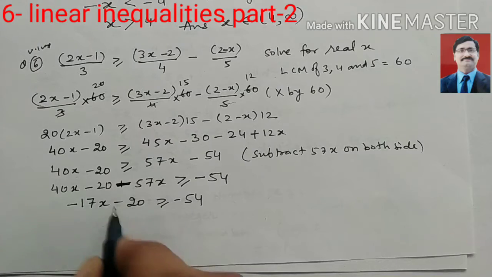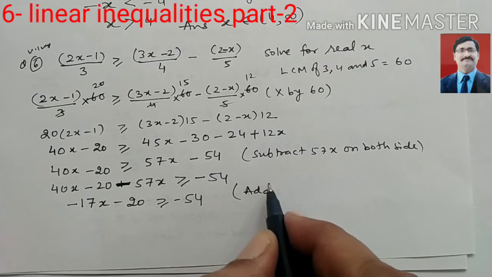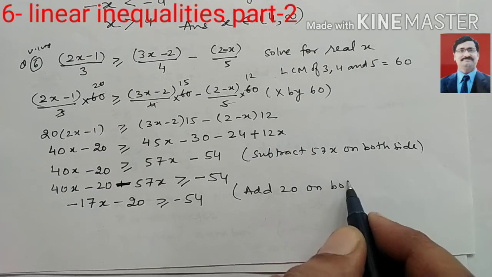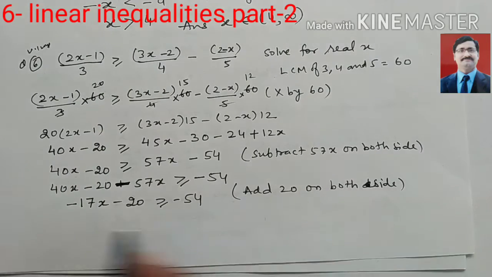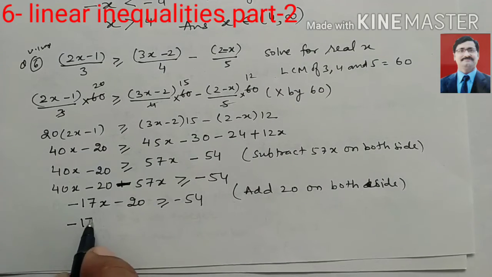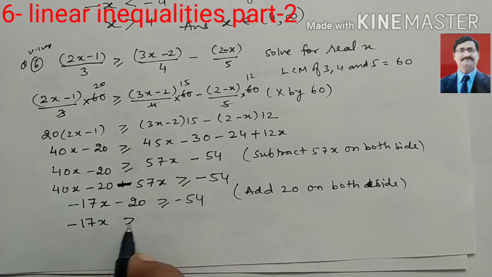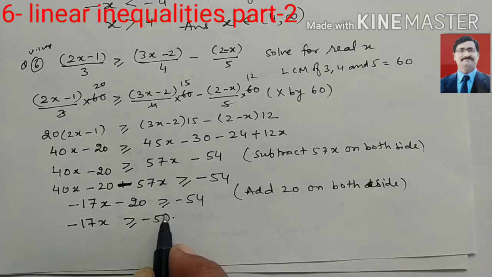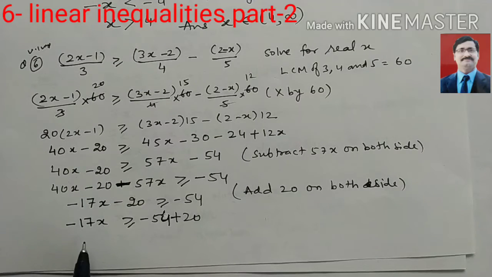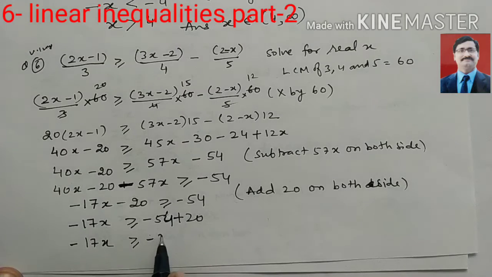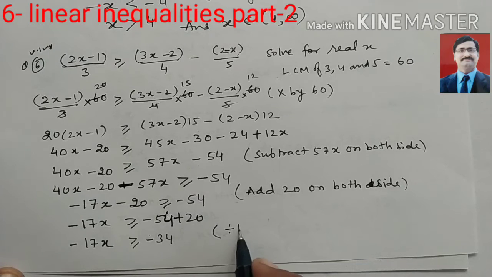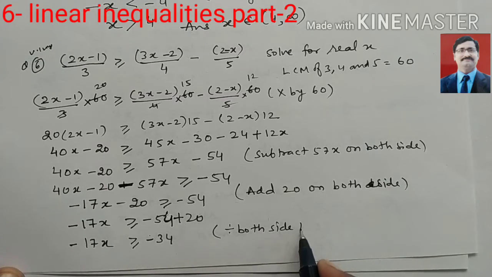Now I do not want this minus 20, so you can write: add 20 on both sides. When we add 20 on both sides, we get minus 17x, the 20 cancels, greater than or equal to minus 54 plus 20. So we get minus 17x is greater than or equal to minus 34. Now we have to divide both sides by 17.